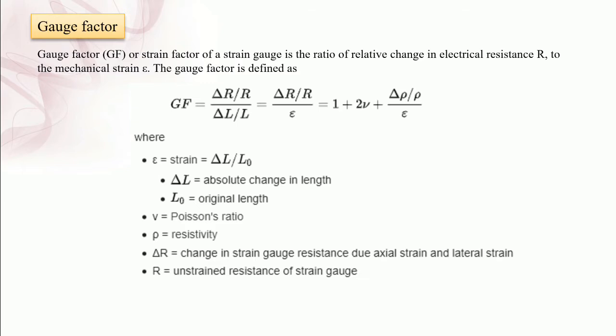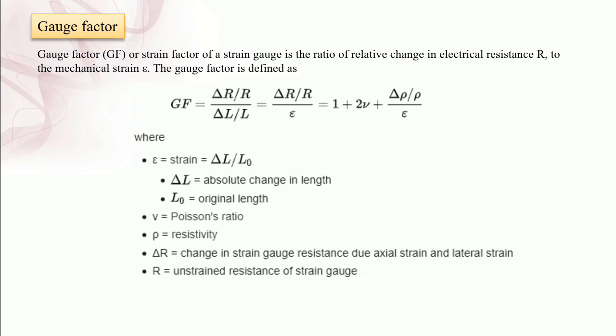The gauge factor can be defined as 1 plus 2 mu plus (del rho by rho) divided by e, where 1 is the resistance change due to the change of length, 2 mu is the resistance change due to the change in area, and del rho by rho over small e is the resistance change due to the piezoresistive effect.